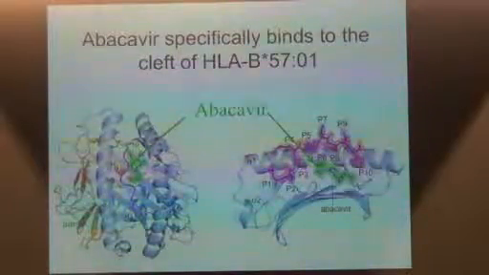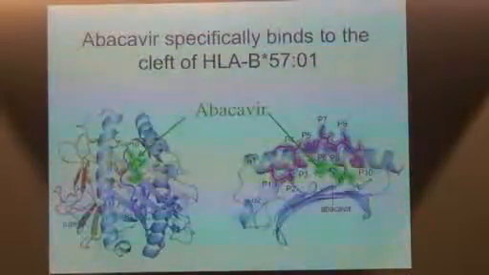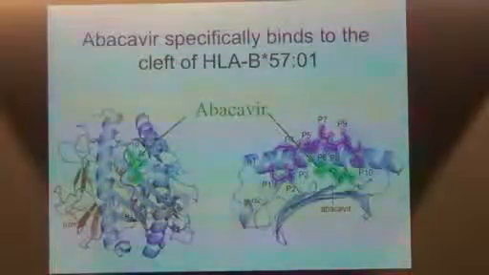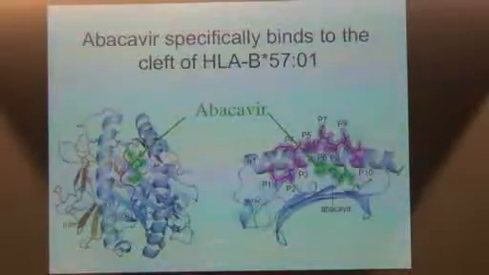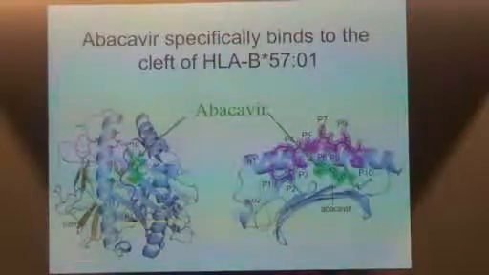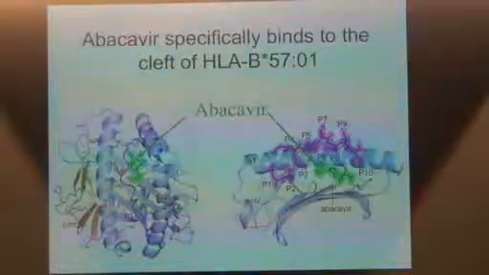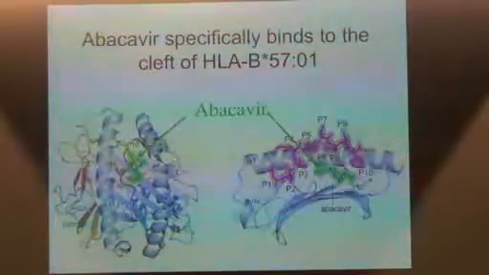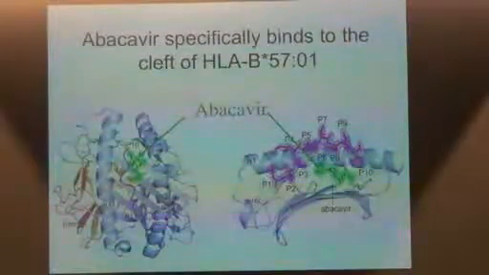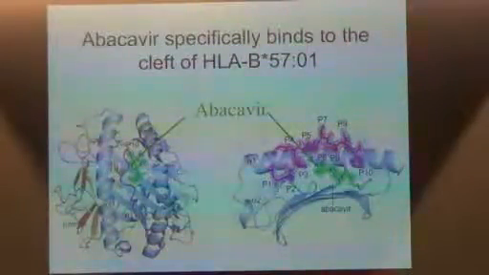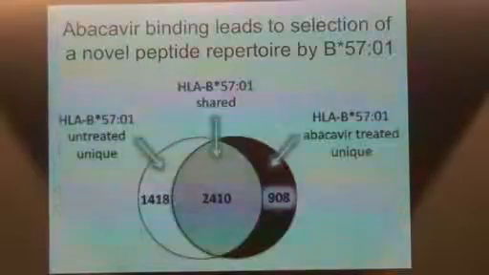It's getting into the cleft, changing the self-peptide repertoire that is your identity to the immune system. It's just changing your signature. It's a kind of identity theft by the drug. And in doing so, you start to look like a gigantic foreign organ, and your T cells start rejecting you. And that is the basis of the drug reaction.